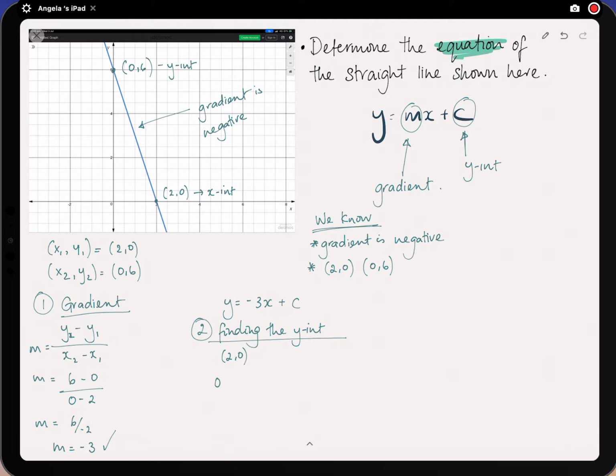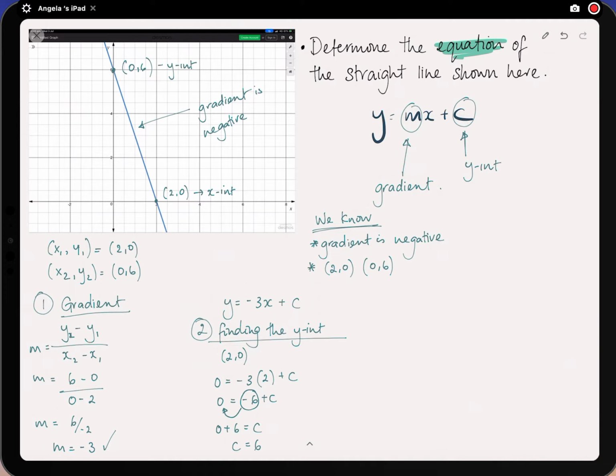So if I do 0 equals negative 3 times 2 plus c, I'm going to get 0 equals negative 6 plus c. What happens now is I'm going to move that negative 6 over, so that becomes 0 plus 6 equals c, so c is equal to 6. And again, this proves that the graph that we've been given cuts through the y-axis when y is equal to 6. Again, we've just confirmed this by using algebra.